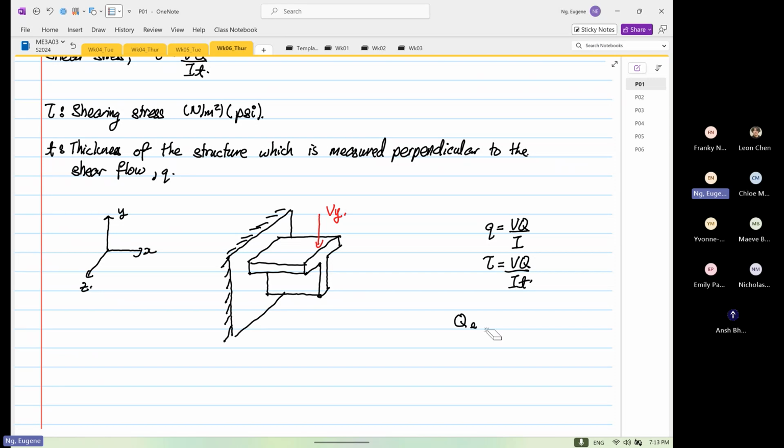Q is our first moment of area, and I is our second moment of area.